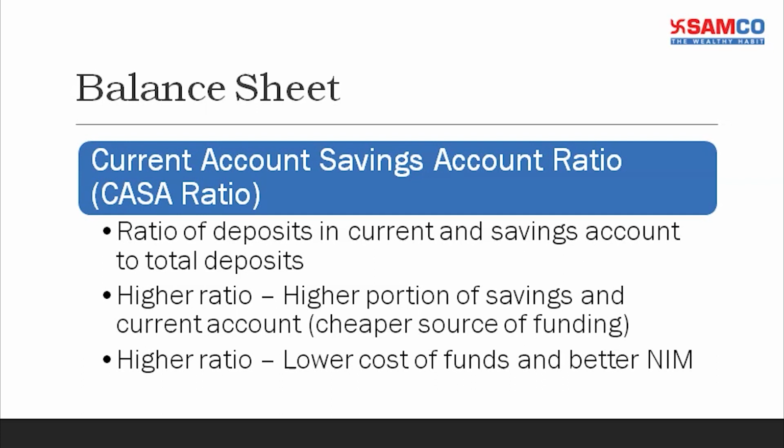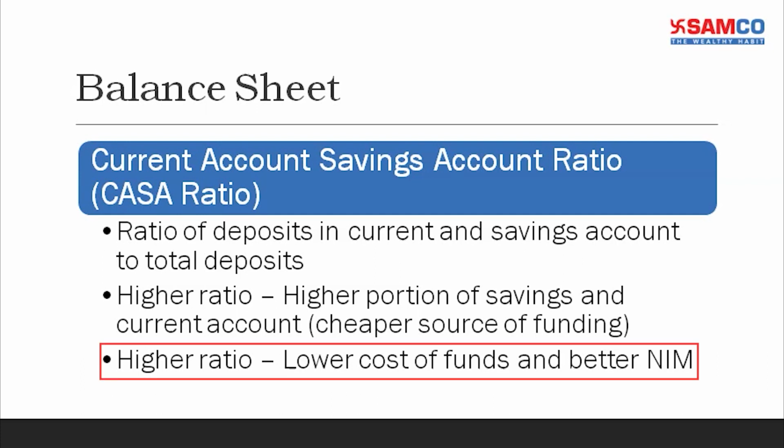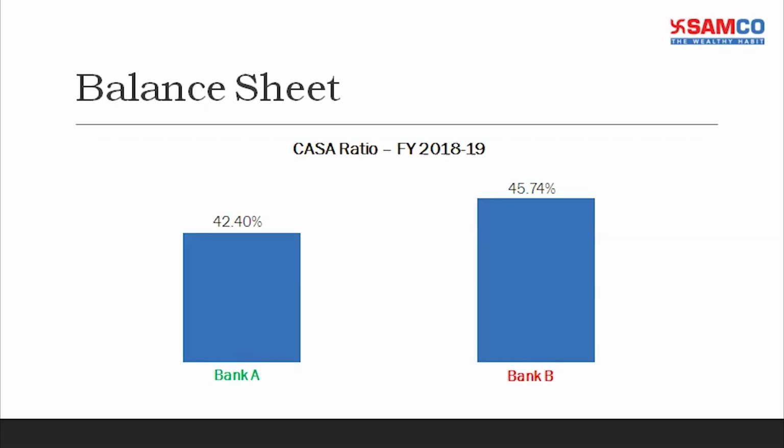High CASA ratio indicates lower cost of funds and in turn better NIM. Bank A's CASA ratio stands at 42%, which means that nearly 43% of total deposits are from current and savings accounts, and similarly Bank B's CASA ratio stands at 45.74%.